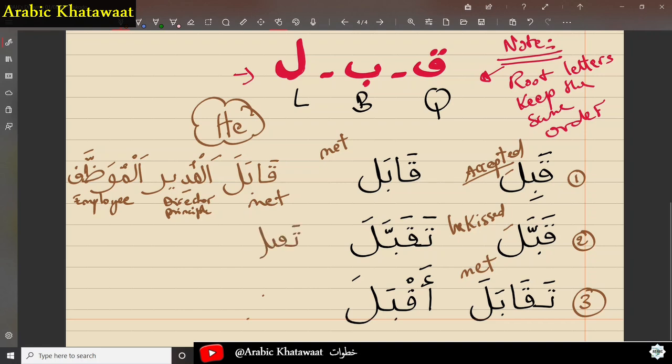And I can use it in an example like this. تقبل الرجل, the man accepted or complied. تقبل الرجل وظيفته. وظيفة is job, and I'm going to refer to his job. تقبل الرجل وظيفته.